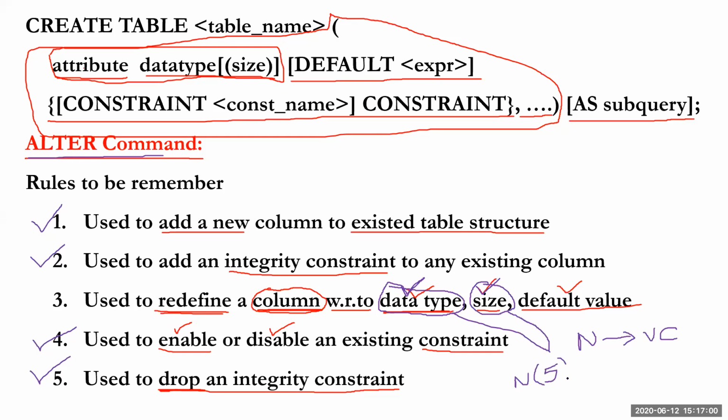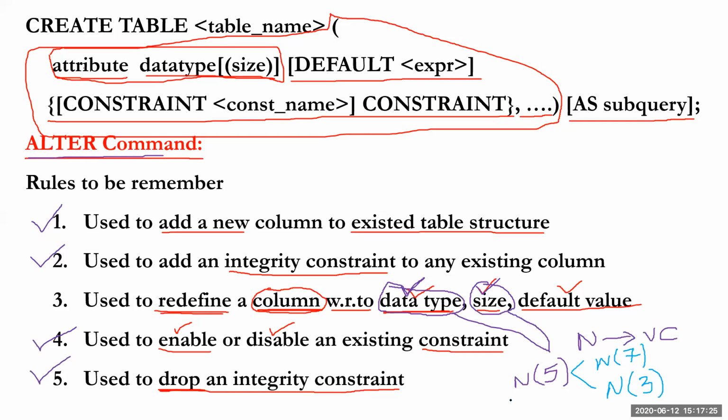There are two ways to change this. Way number one: it could be increased from number of 5 to number of 7, or decreased from number of 5 to number of 3. What does it mean? You may increase the size or decrease the size.